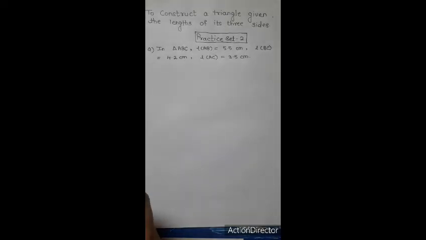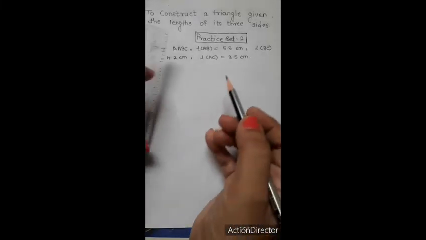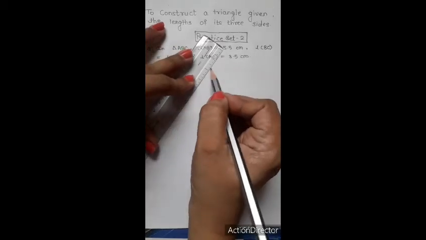In every construction, first of all, we have to draw the rough figure and then draw the figure as per given measurements. So, first of all, we will draw a rough triangle.